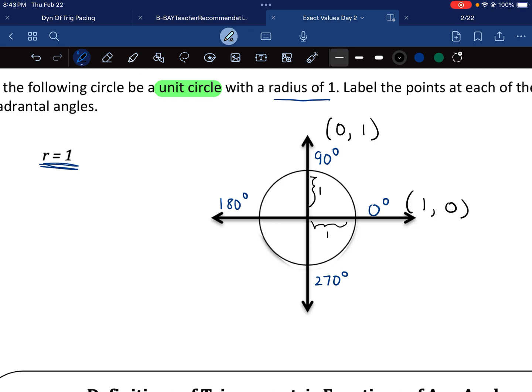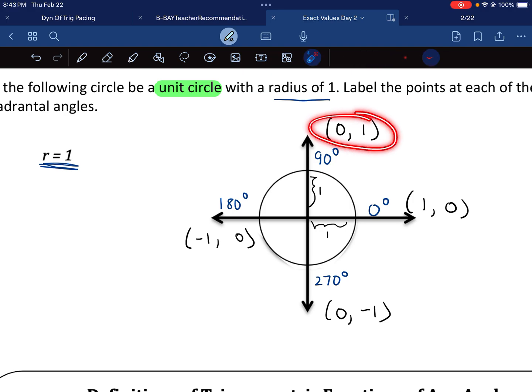When I go to the left, 1, up none. Down, left and right none, down 1. So these are the points that we're going to start including in our exact value chart. We're going to start using this information to help us evaluate trig functions.